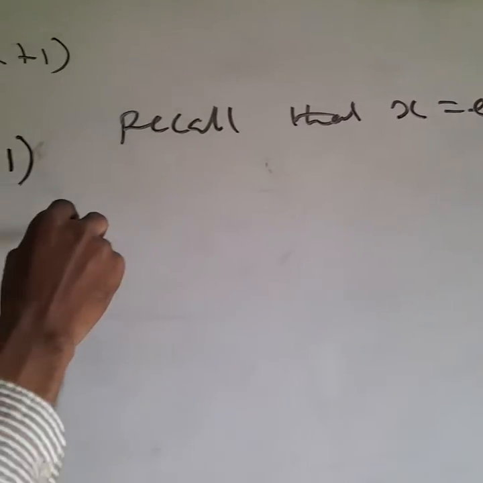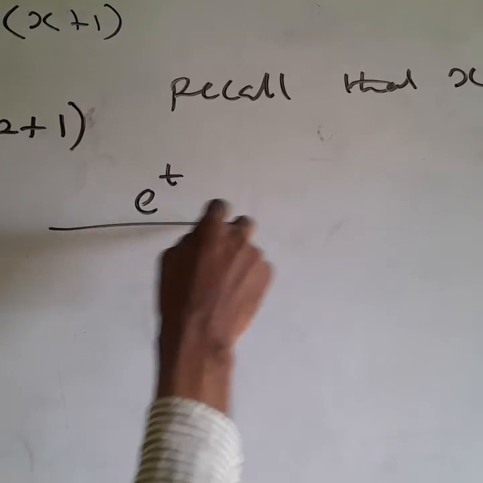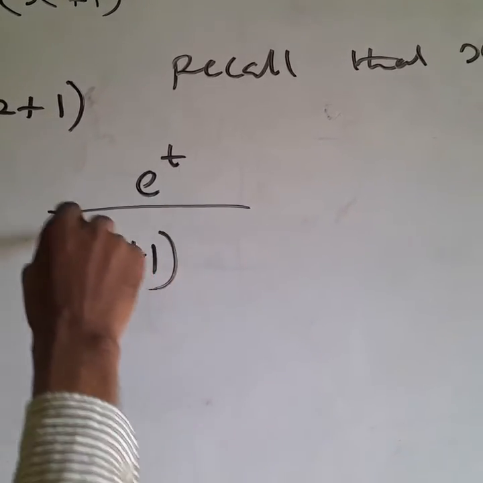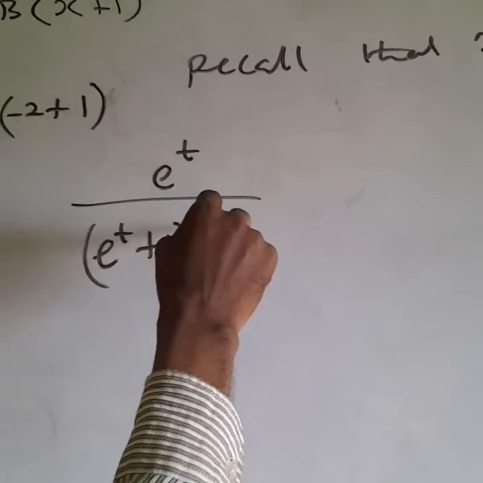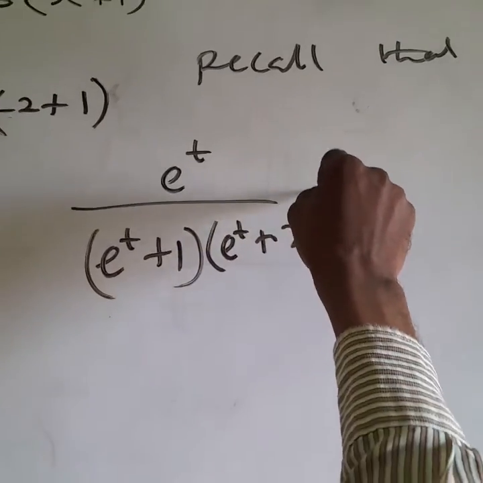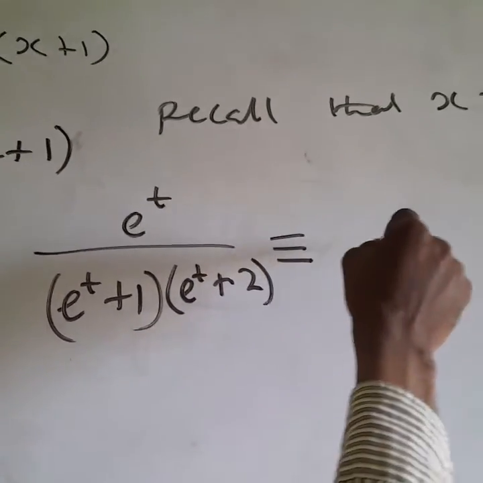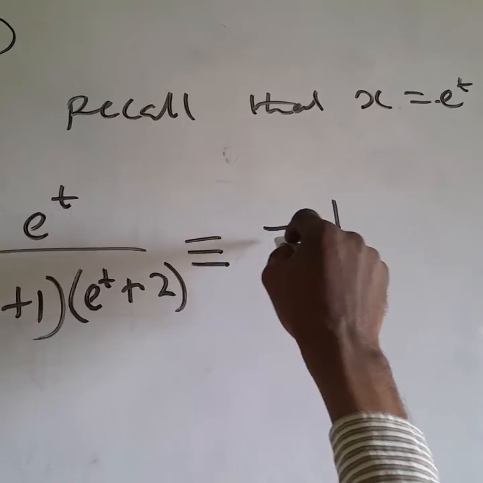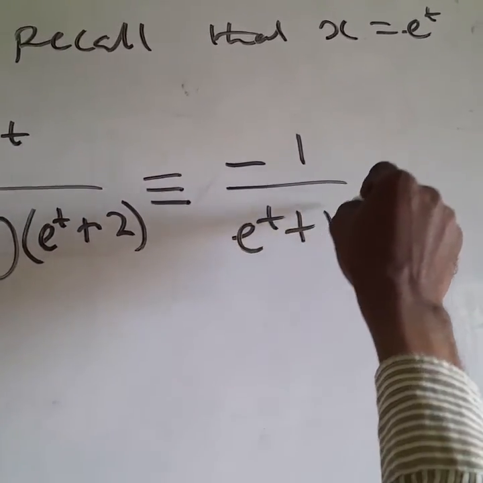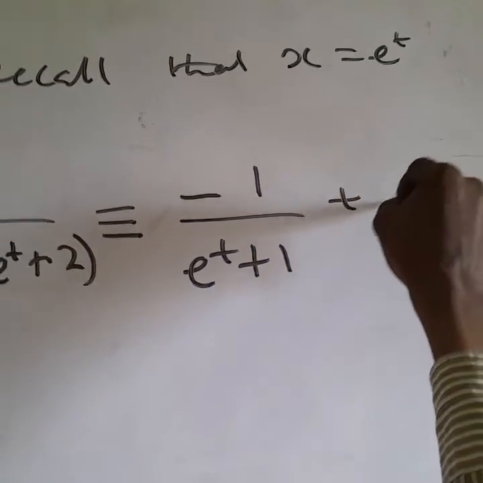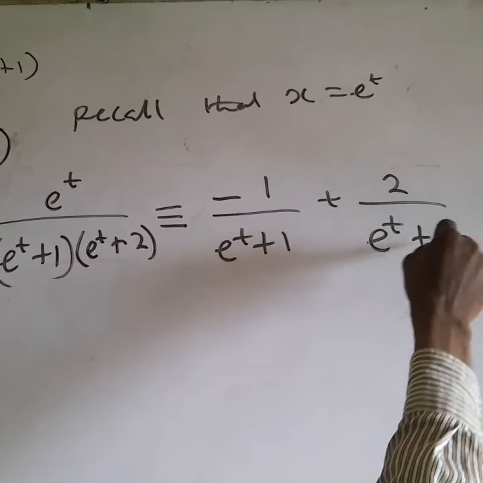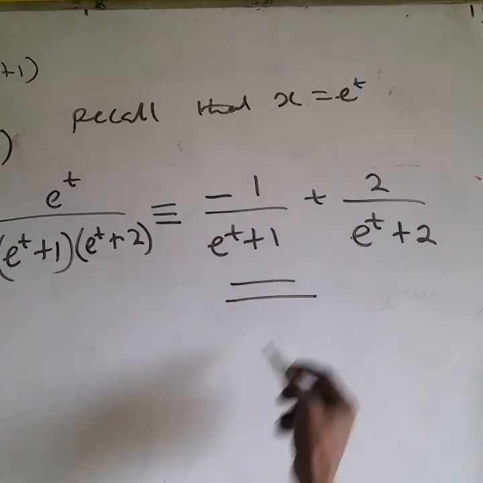So we now have exponential t all divided by exponential t plus 1, exponential t plus 2, which is equivalent to minus 1 all divided by exponential t plus 1, plus 2 divided by exponential t plus 2. That is our solution.